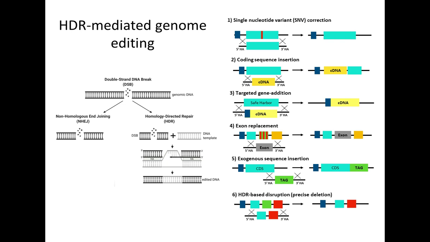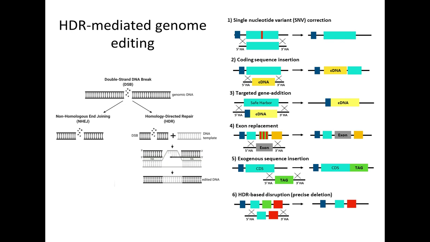In number 3 here, I'm showing you an example of integrating sequences that contain both a promoter and a coding sequence, and these are generally best placed in genomic loci known as safe harbors. These are well-characterized regions that are dispensable for the particular cell type or the organism, and we'll talk a lot more about this.